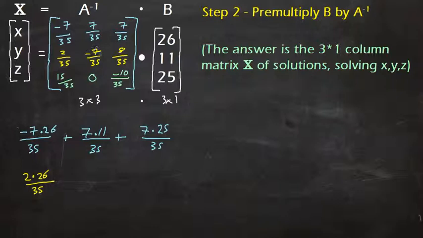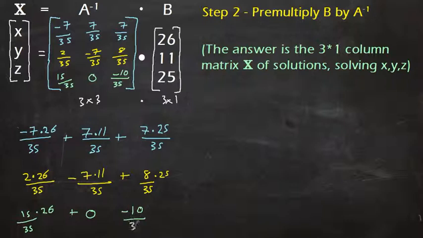And we've got minus 7/35 times 11, so it's minus 7 times 11 over 35, plus 8 over 35 times 25. You could write it as 8 times 25 over 35 if you want, that's fine. Bottom row, 15 over 35 times 26, plus 0 lots of 11, minus 10/35 times 25.